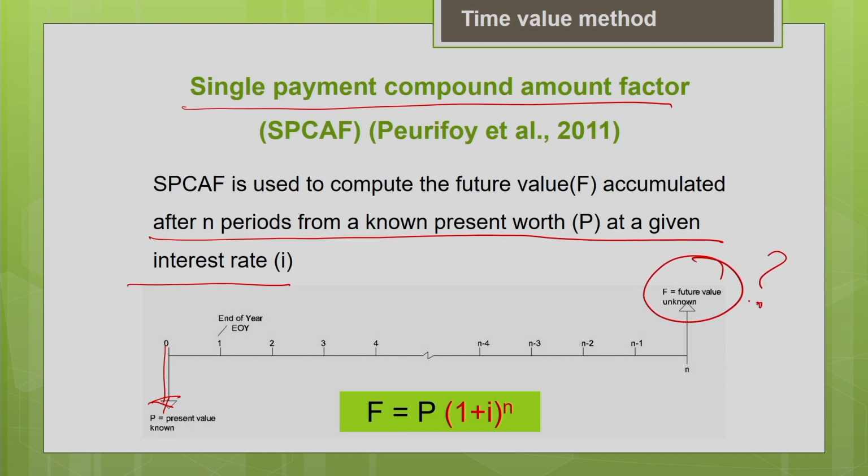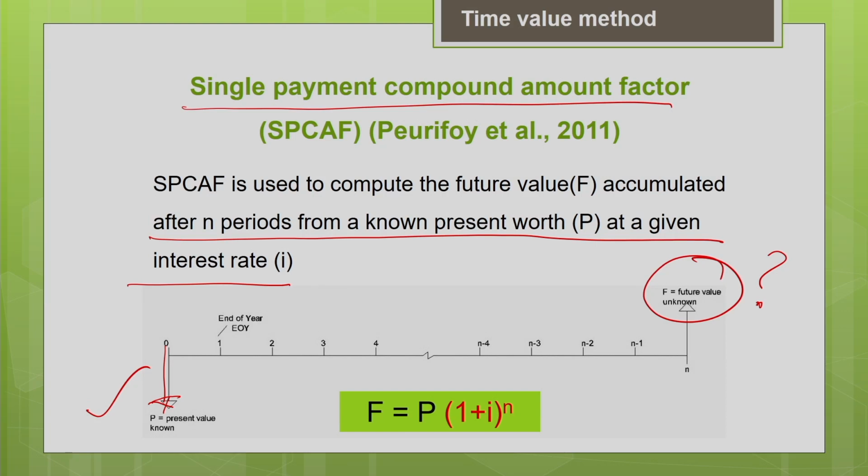The future value is unknown. You know the compounding rate of interest I, and you know n, the period over which you are calculating. Then you can use this single payment compounding factor to estimate the future value.